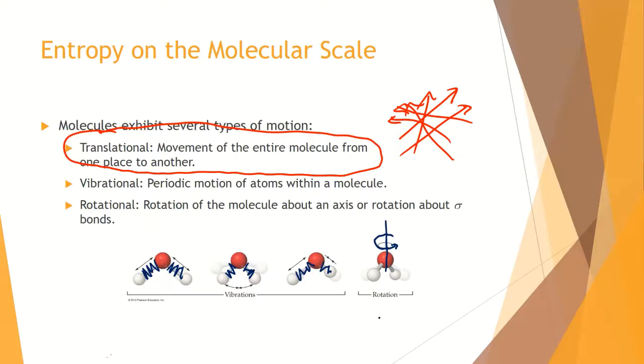And so all of these translate to more microstates. The more ways that we can express translational, vibrational, and rotational motion, the more microstates we are going to introduce for a particular molecule, and therefore the more entropy it's going to have.